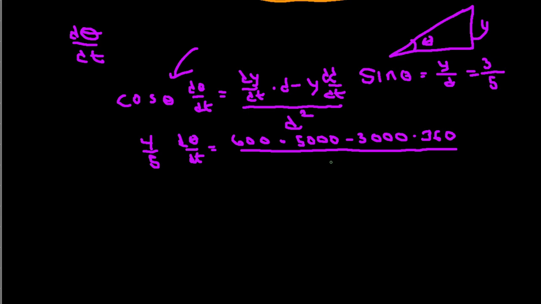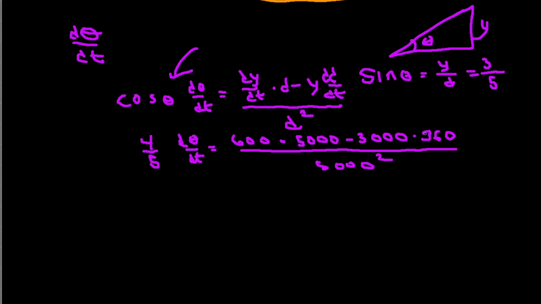D is 5,000 squared. And I'm going to go ahead and plug in 600 times 5,000. This one, I kind of need my calculator. Minus 300 times 3,000 times 360, divided by 5,000 squared.